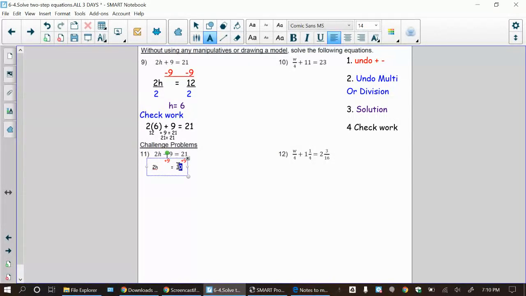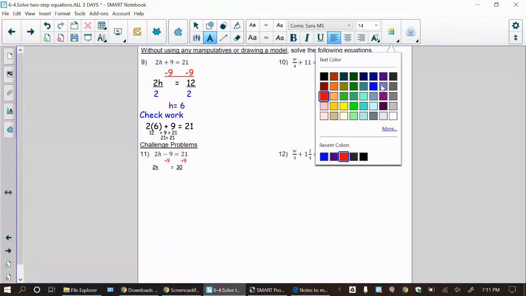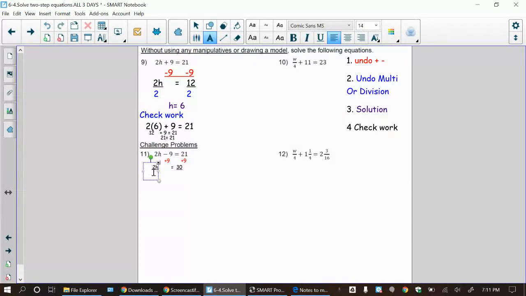What's the opposite of multiplication? That is our division. So now you should divide by 2.